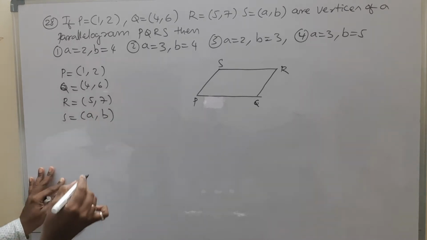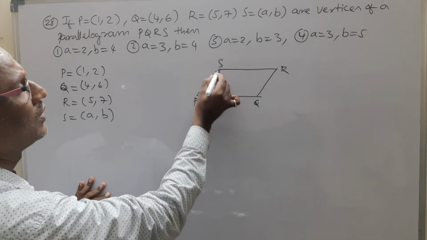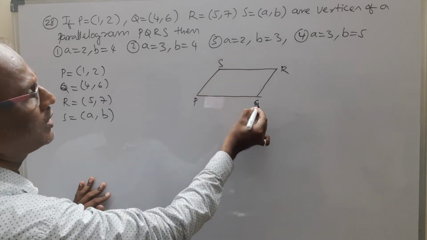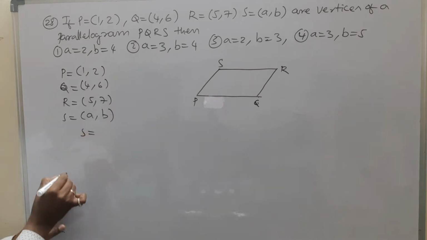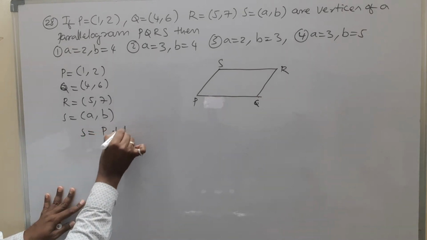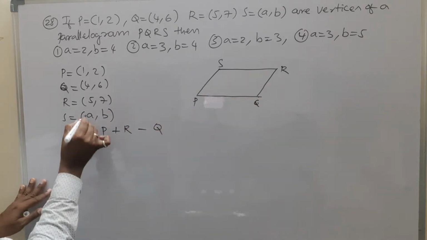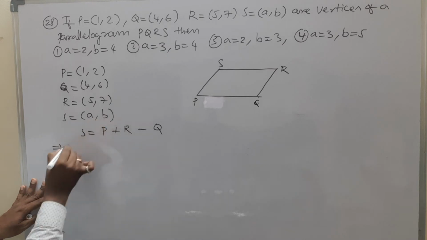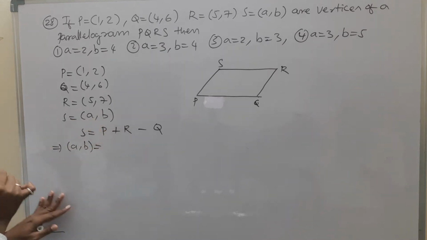Here to find S, the opposite vertex is Q. This is subtracted. S equal to P plus R minus Q. The S coordinates are a comma b.